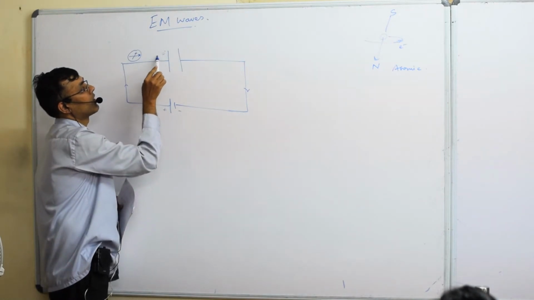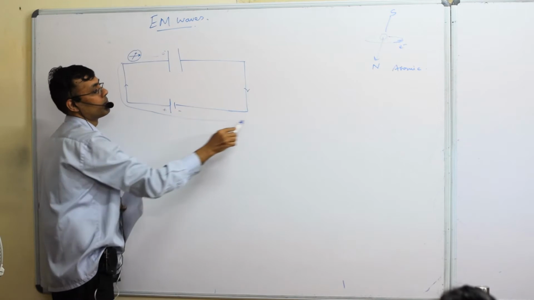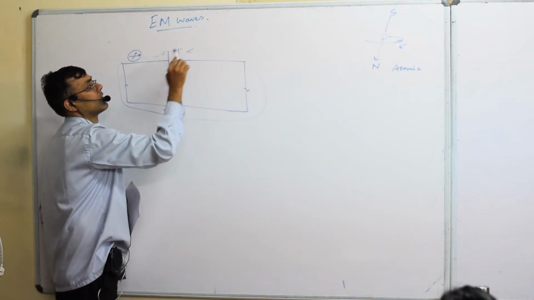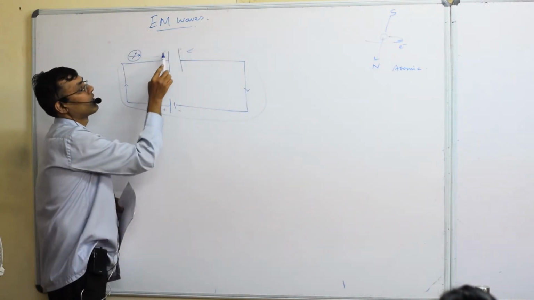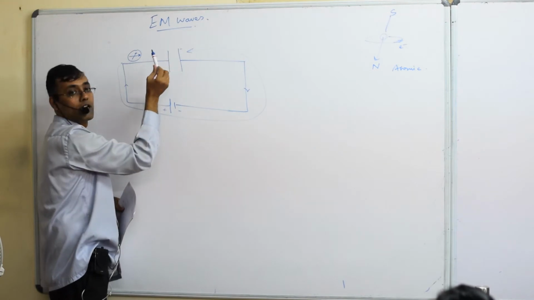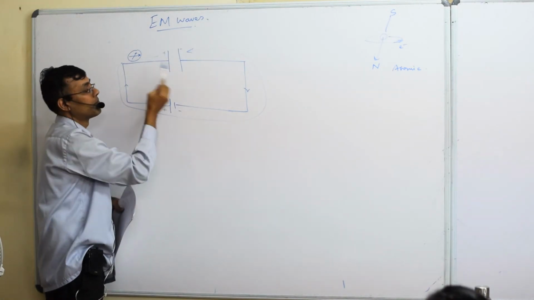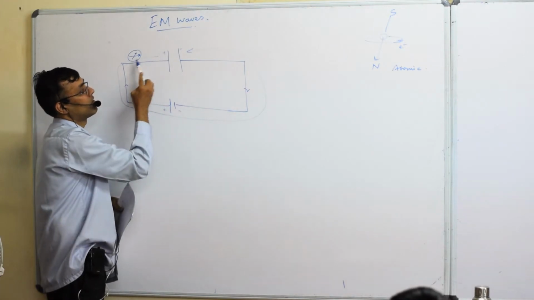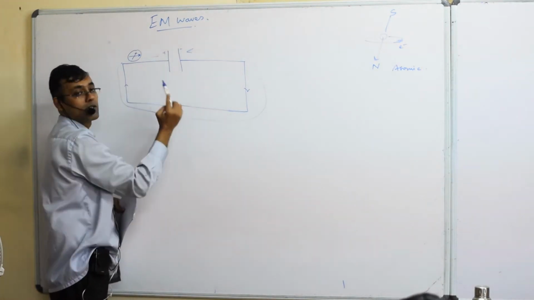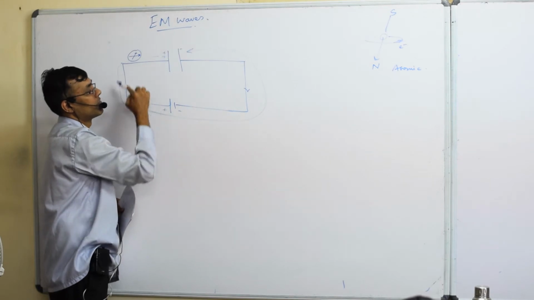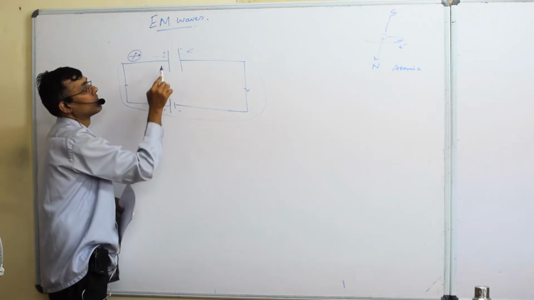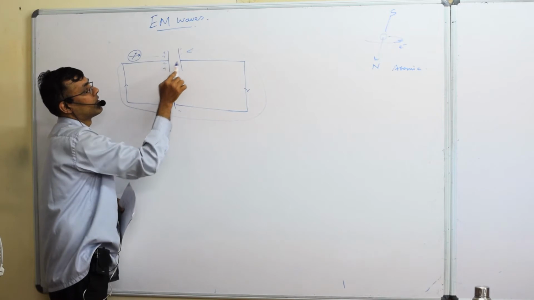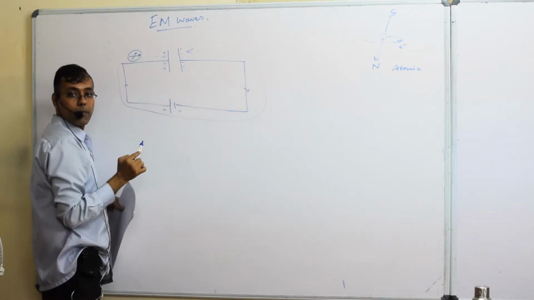It's pulling one of the electrons from here, then depositing it on this side. So when you pull an electron, what happens to this side? It becomes plus. That's the principle of the capacitor. The plus is pulling the electrons and depositing them over here. The next electron pulls it and puts it over here. So the number of pluses should be equal to the number of minuses.